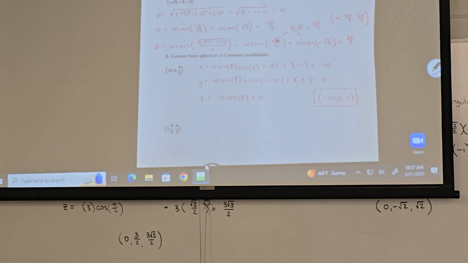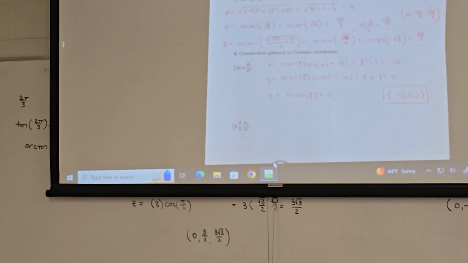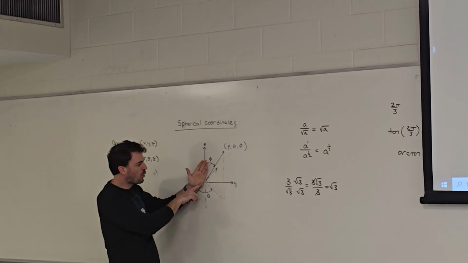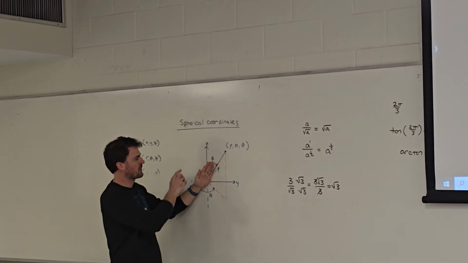We got negative 10, 0, 0. Let's make sure that we did that right. We got a line of zeros. So this is saying go out a distance of 10 from the positive x-axis, sweep to an angle of pi, so that points in the negative x direction.